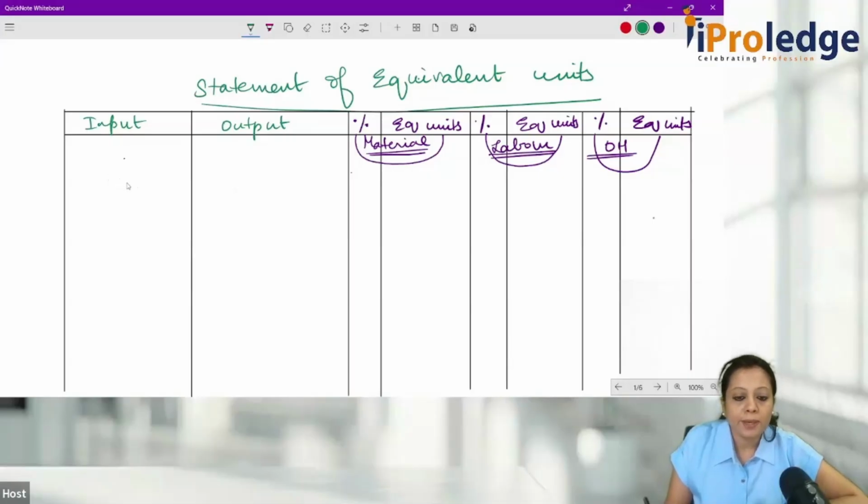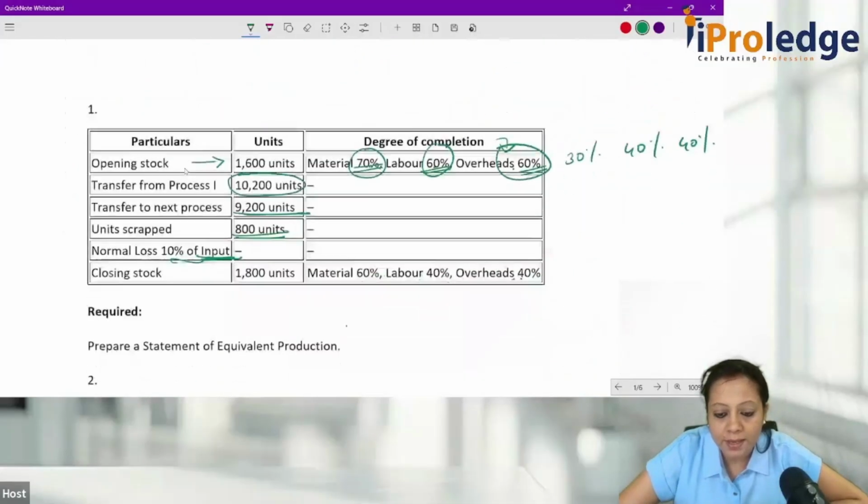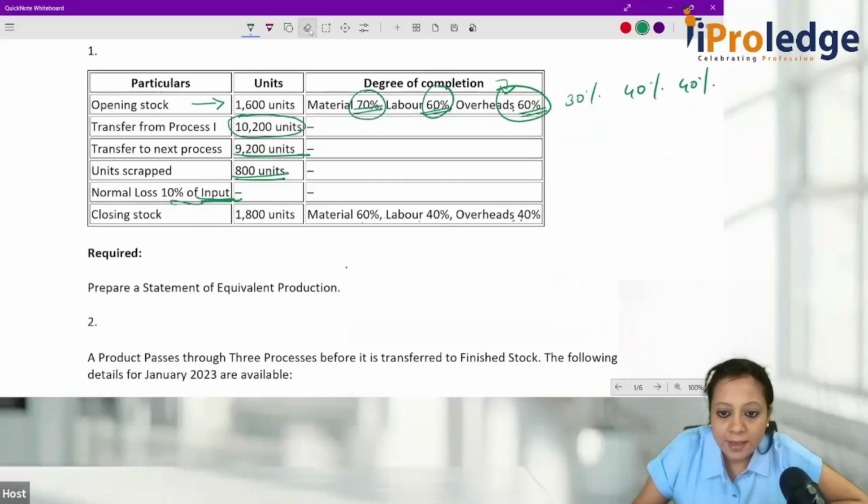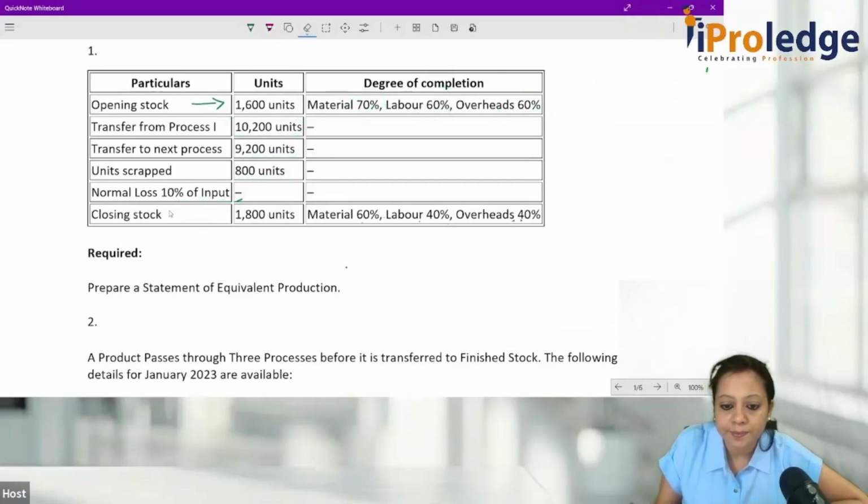Now, input. First, I will write this column. Now, how much is the opening WIP? I will go to the question and show you how to identify this. I will erase all of this. So we all can say that transfer from first process is 10,200 and opening stock is 1,600.